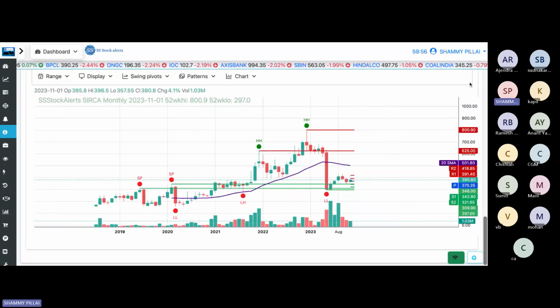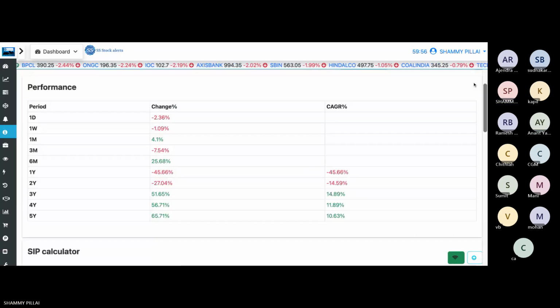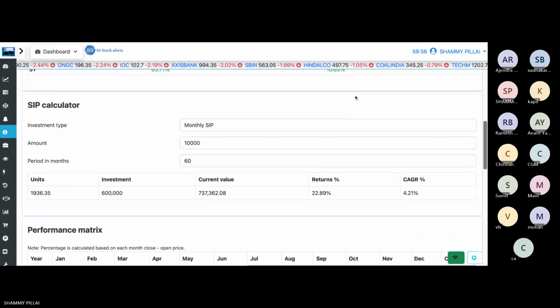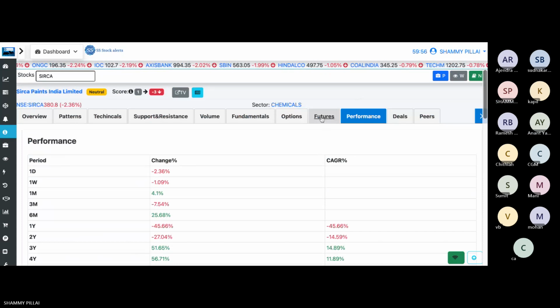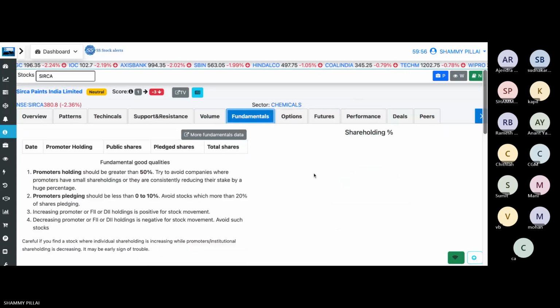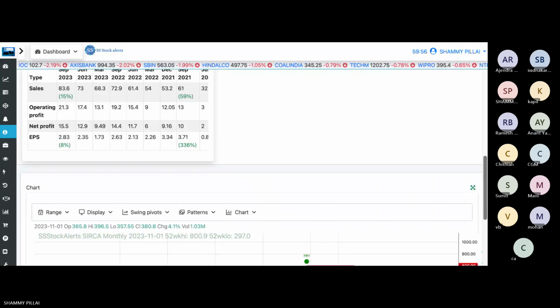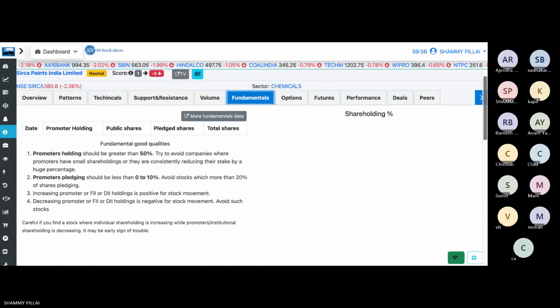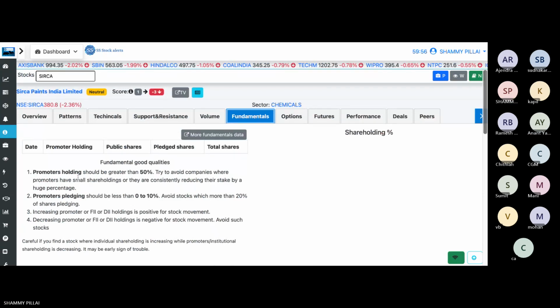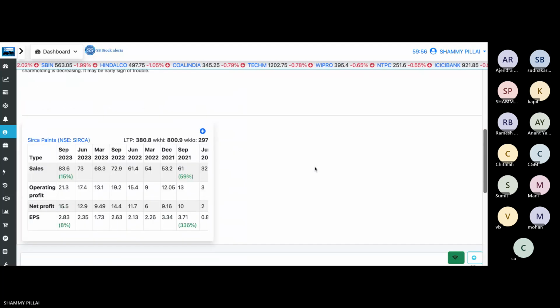This one candle, go to this. You don't have any promoter holding right now. Fully owned.